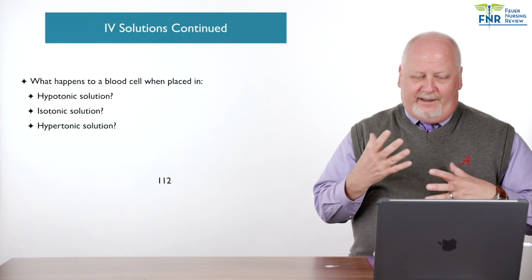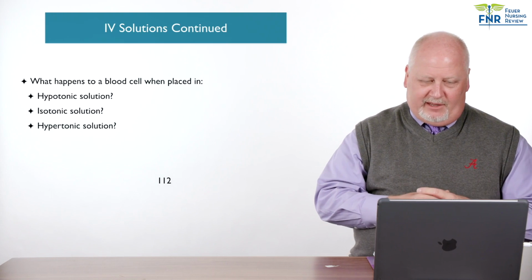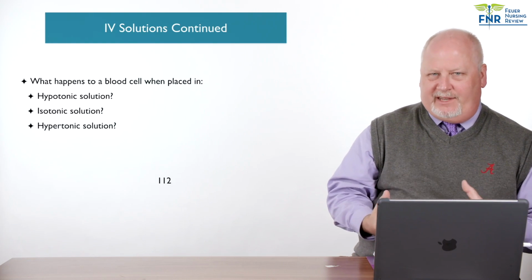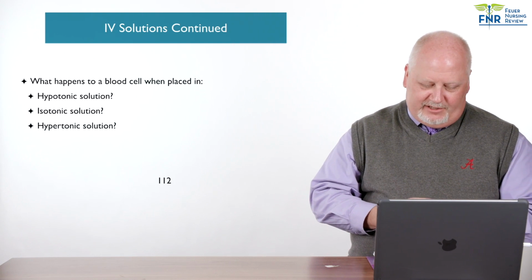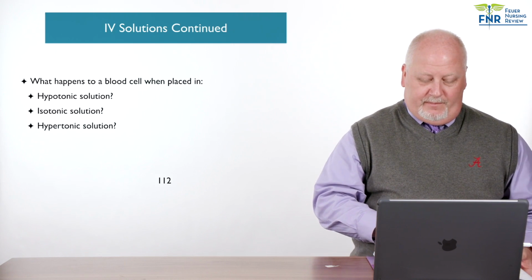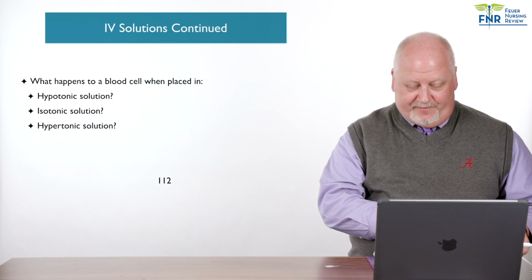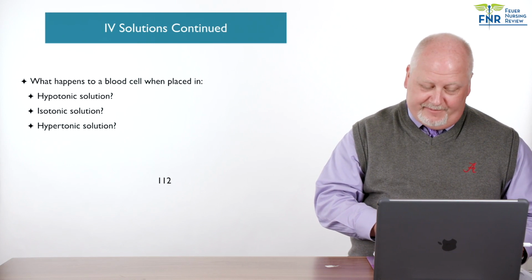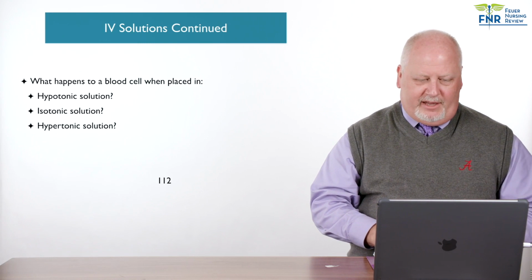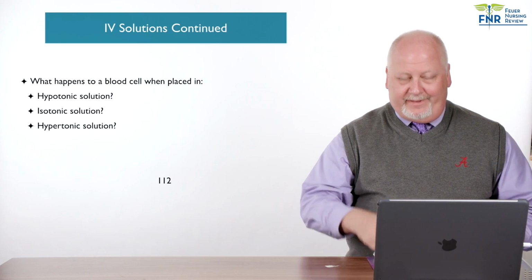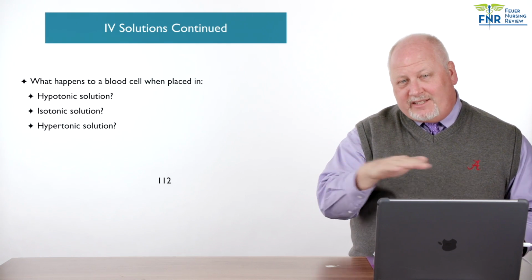So what distinction there is between these can be identified as what happens to a blood cell whenever it's exposed or placed in one of these environments. So for a hypotonic solution, the red blood cell swells, and your hypotonic solutions include half normal saline. So that's a prime example of hypotonic. For isotonic solutions, kind of keeps everything at the baseline.